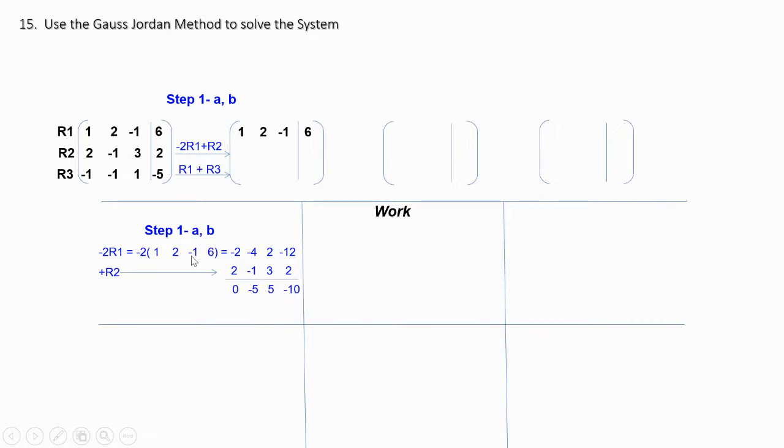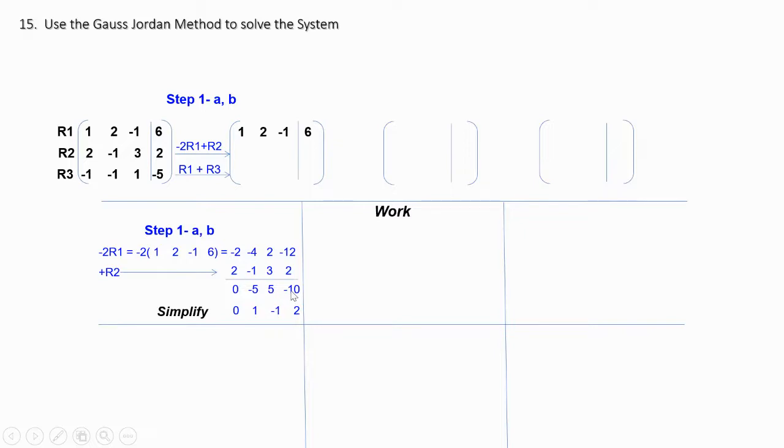And like I mentioned on this PowerPoint, when I was doing this section, you always simplify if possible. Because if you don't simplify, it gets a little bit more challenging. So here, guys, I can divide everything by -5, correct? So if I do that, I'm going to get 0, 1, -1, 2. Because if I divide 0 by -5, it's going to give me a 0. -5 divided by -5 will give me a 1. 5 divided by -5 will give me a -1.